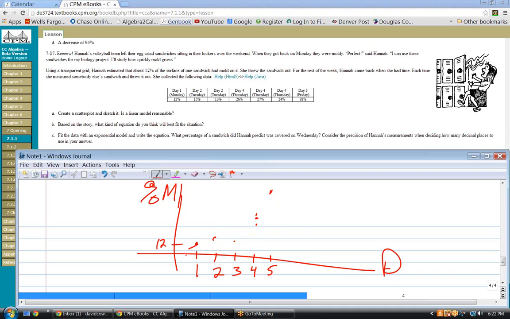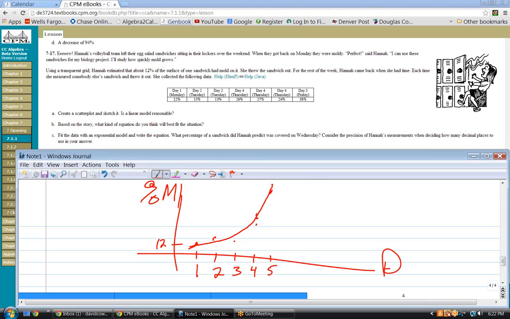If I try to draw a line through those points as accurately as I can estimate, what does it look like? What kind of function is that? Quadratic? That is not a quadratic, that is an exponential function, the subject of this chapter. That's why I knew that it was an exponential fit, not linear.